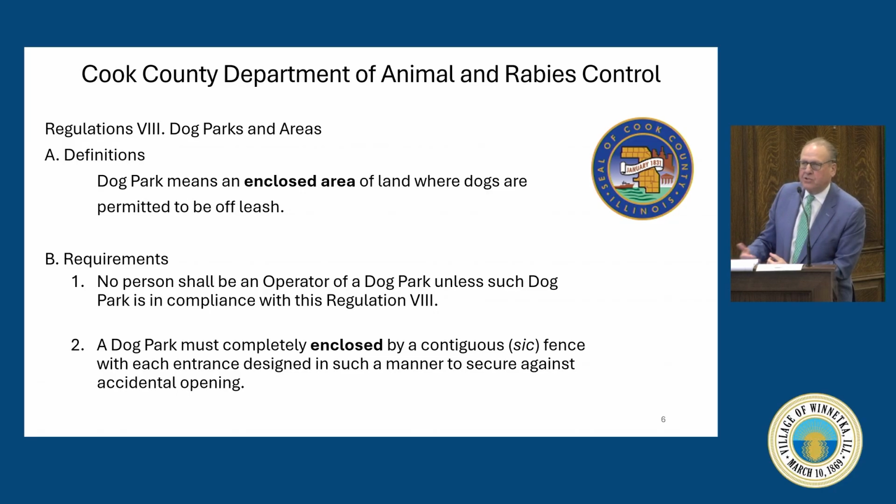the dog beach doesn't have to be totally enclosed. I just don't think that's an accurate statement. As we shared with you here, this comes right out of the Cook County Department of Animal and Rabies Control Regulations, which say that a dog park must be completely enclosed.